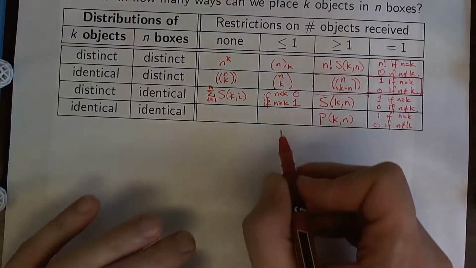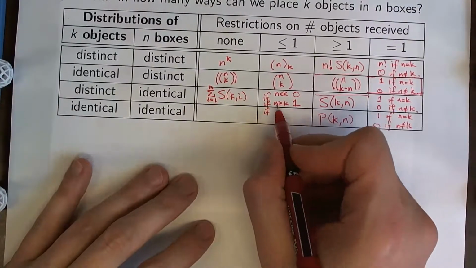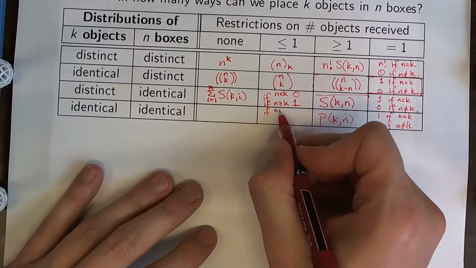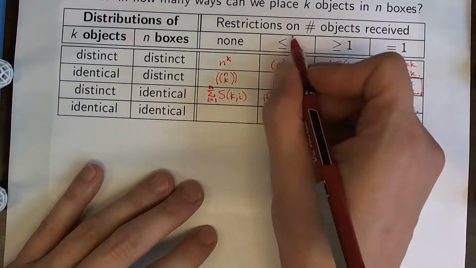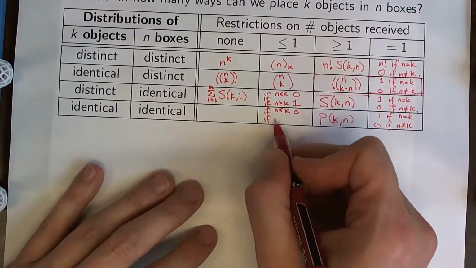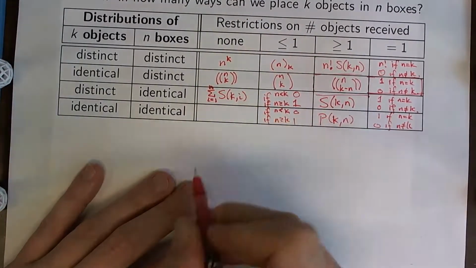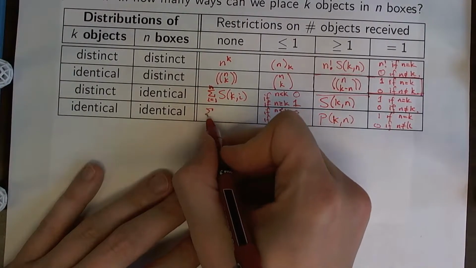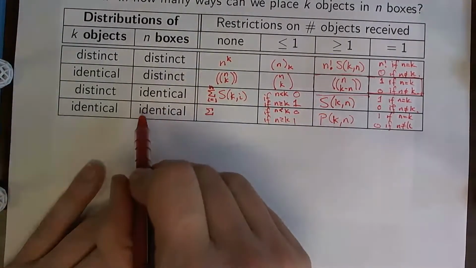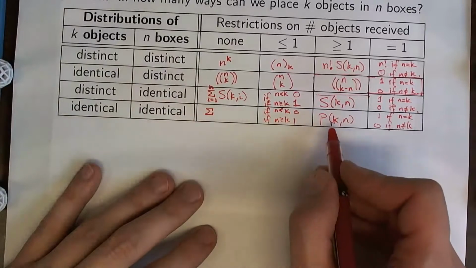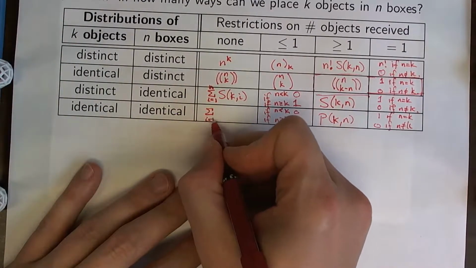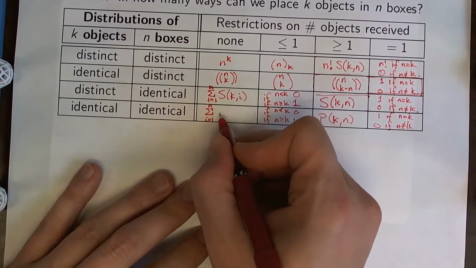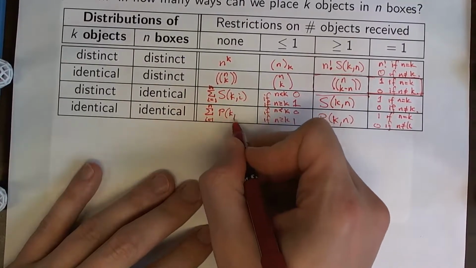If there are fewer bins than balls, you can't have at most one in every bin. Otherwise, you can. And the number of ways, if you want to allow no restrictions, well, you're going to have to sum these p numbers. Sum from i equals 1 to n of p k i.